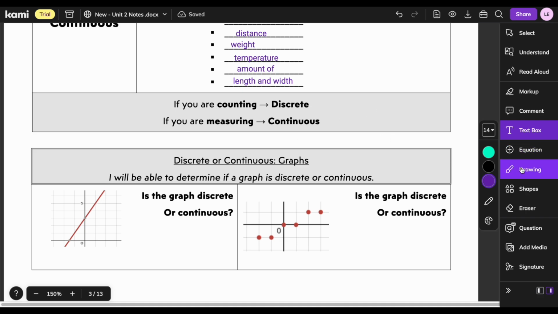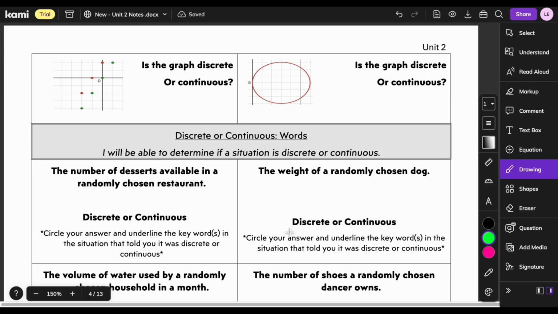So we're going to just circle continuous. All right, looking here, I just have individual separate dots throughout. So this is what represents discrete. So just circle discrete right there. All right, looking here, hopefully you can determine what this one is and then determine what that circle would be considered.